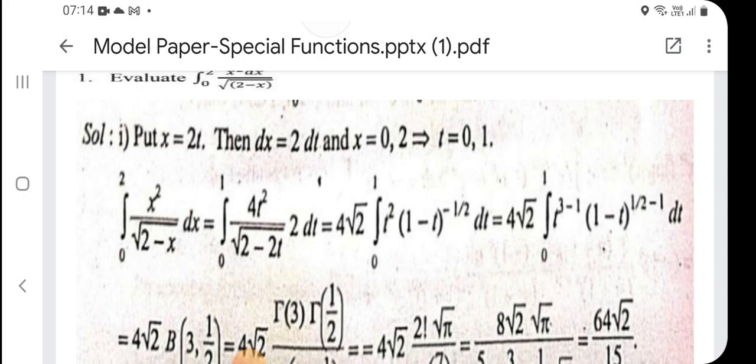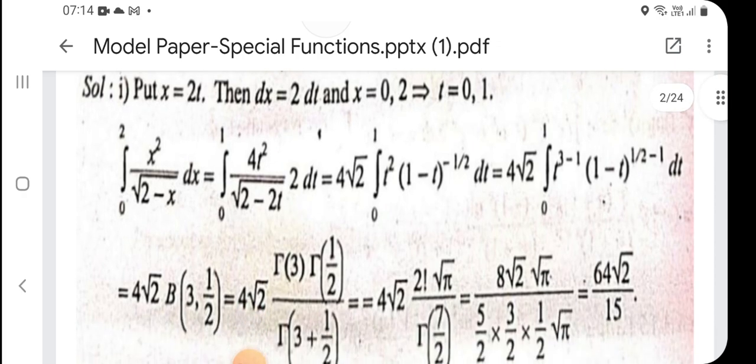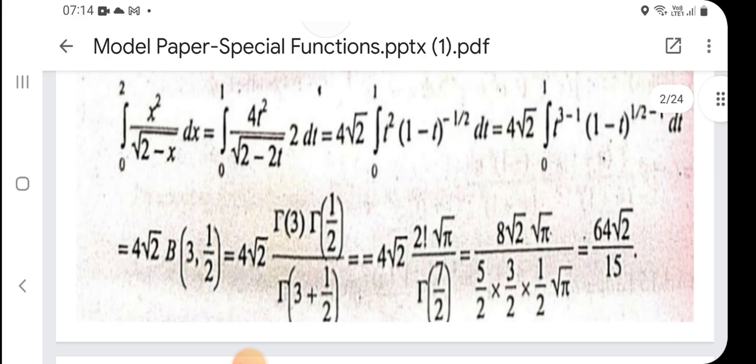Now this becomes 4 root 2 into beta of 3 comma 1 by 2. Now what is beta of m comma n? Gamma m into gamma n divided by gamma m plus n. So that becomes 4 root 2 into gamma 3 into gamma of half divided by gamma of 3 plus half, that is gamma 7 by 2.